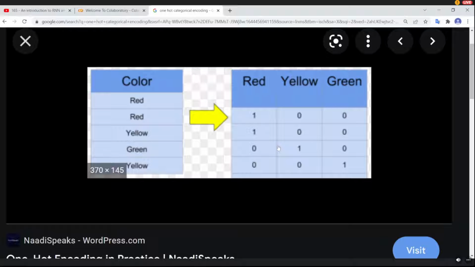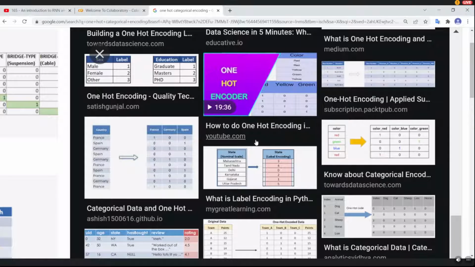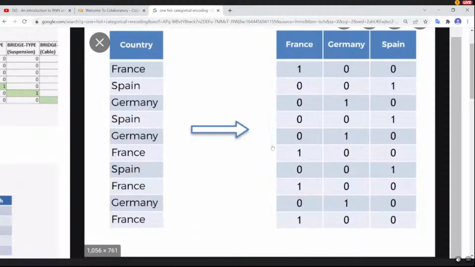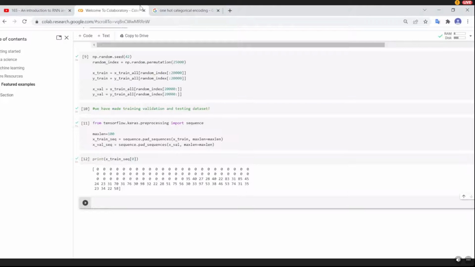So we are putting the 1 at the correct label, and this is one hot encoding. For another example, if France is the country, we put 1 in here. So we're just forming a vector into a 2-dimensional matrix. This is one hot encoding.